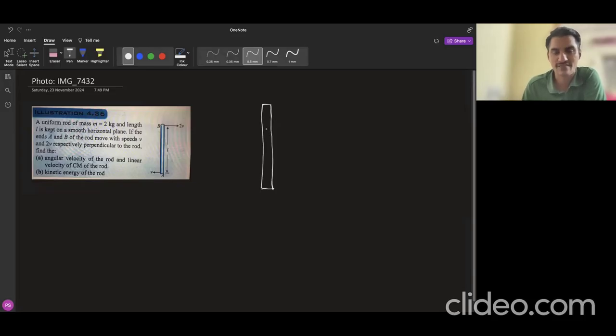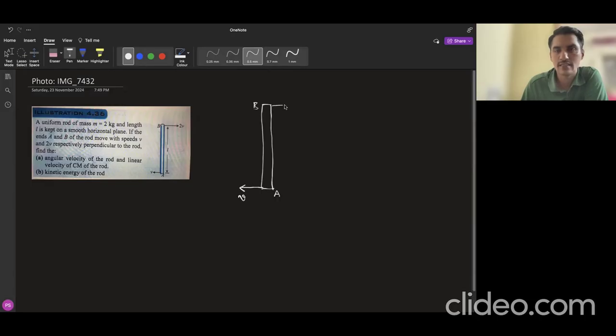Pardon, I'm not drawing perfectly. So this is a rod. The top point B is moving with velocity 2v, and the bottom point, this is A, is moving with velocity v. Now we need to find the angular velocity of the entire rod.